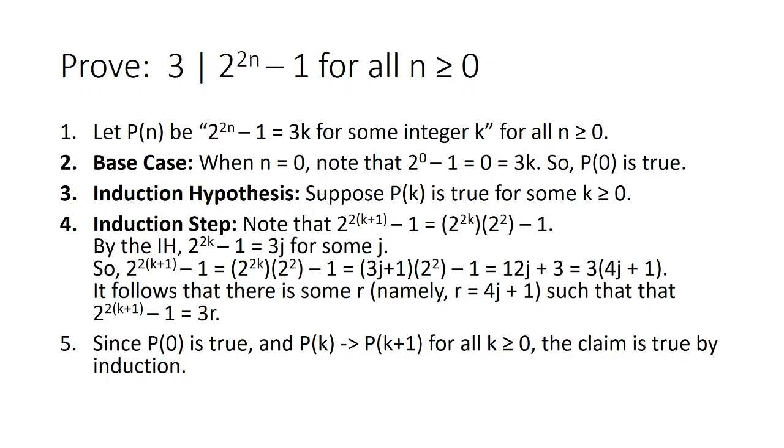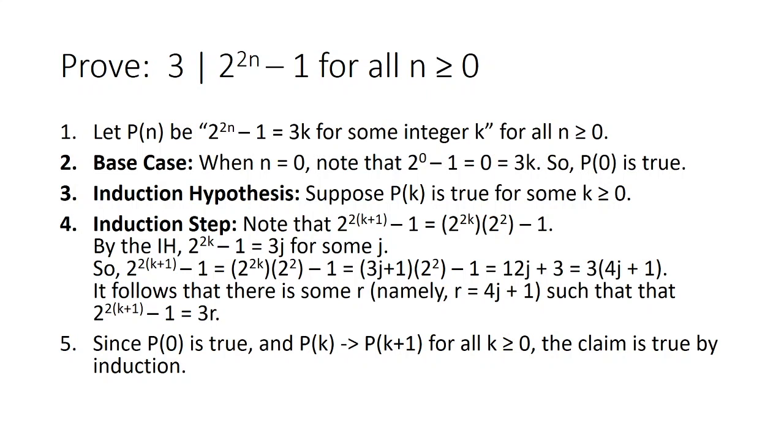So instead of that, we can apply induction. We know that 2 to the 2n minus 1 is equal to 3k. The 3k means k will be a divisor, so we need to find this k.